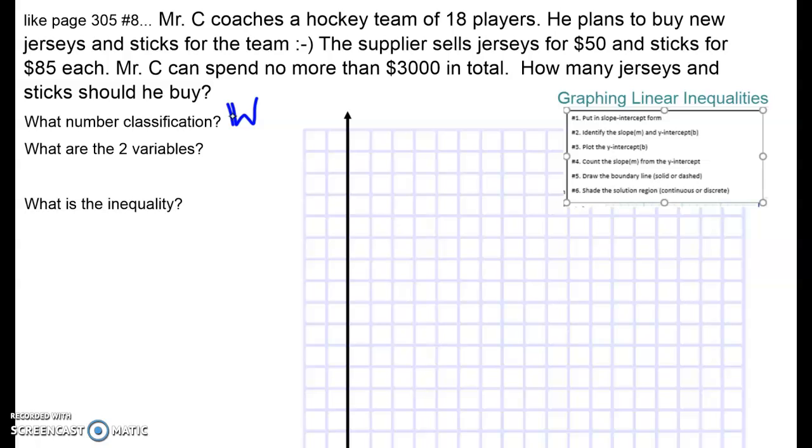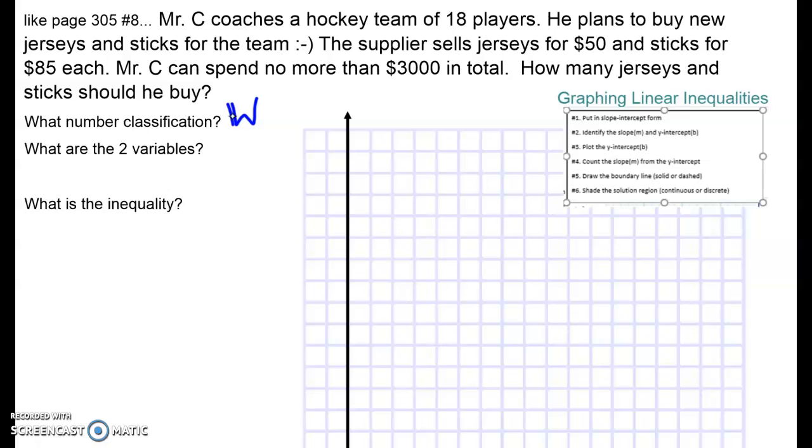Okay, what are the two variables? So traditionally we would choose x and y. Doesn't have to be an x and a y. We could use j and s, for example. We can look at the story problem and find the two things or two items that we're dealing with.